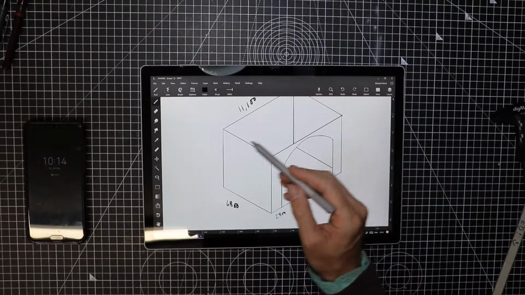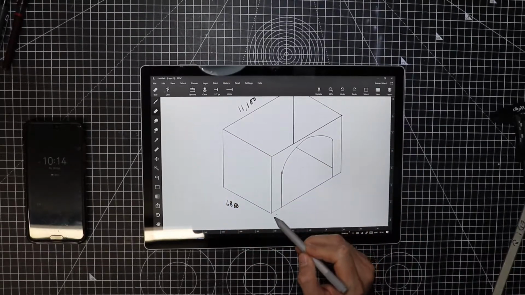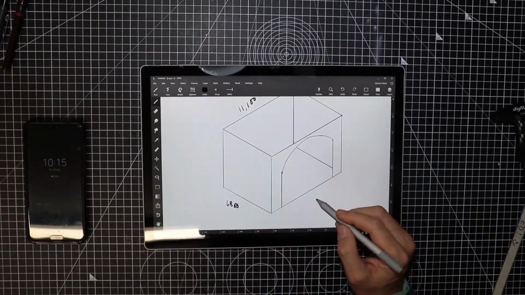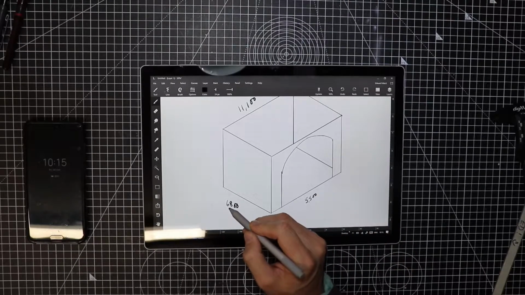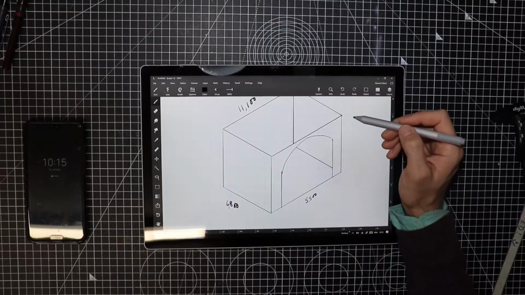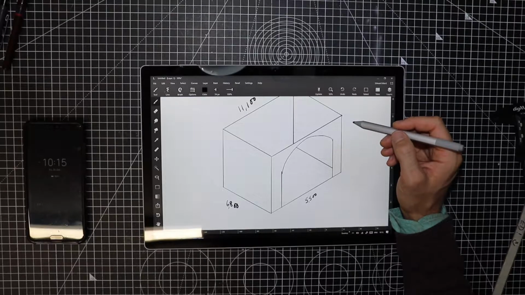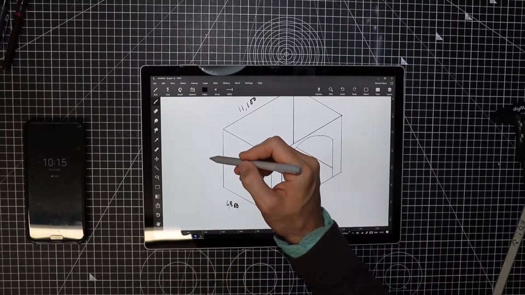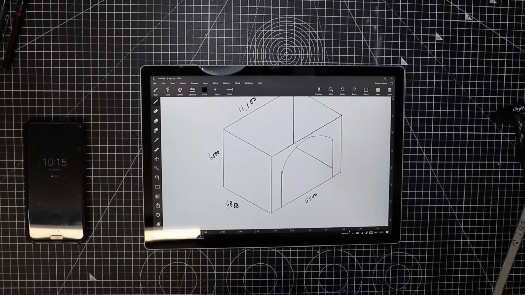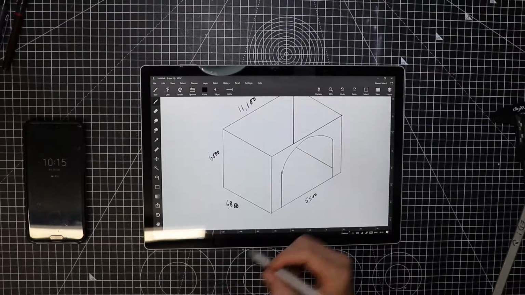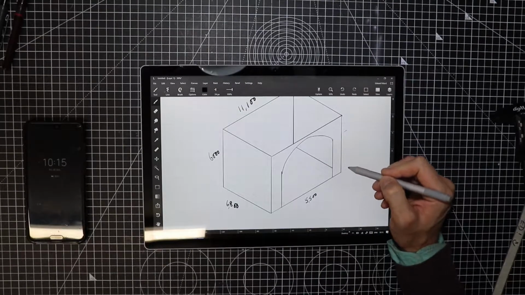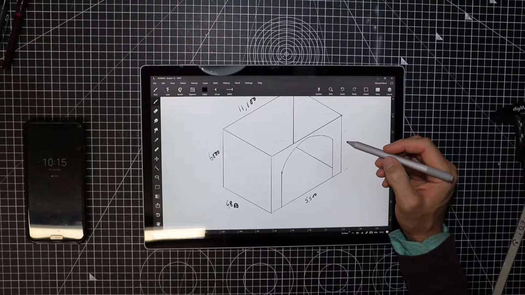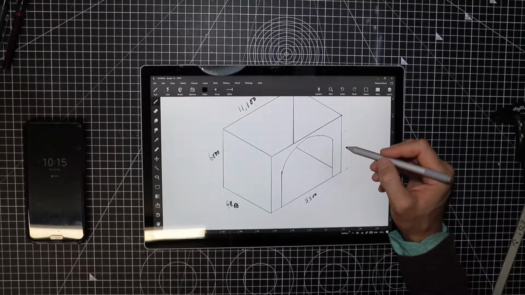I'll tell you the better way to go about that would be to know the known measurement here is 5,500. The height is going to be 6,000. And then if we were to take these measurements off the archway, we are looking at 4,000.